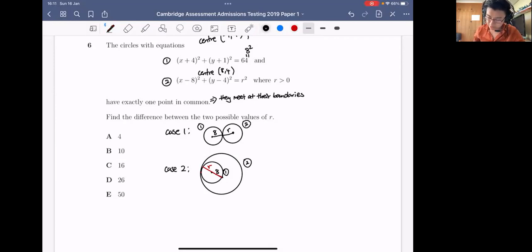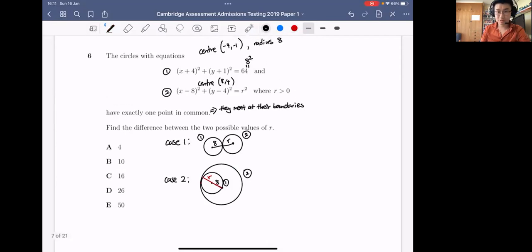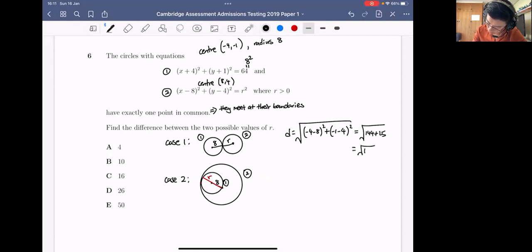I guess you can find the distance between the two centers. So distance is the square root of -4 minus 8 squared plus -1 minus 4 squared. So that's 144 plus 25, 169, 13.